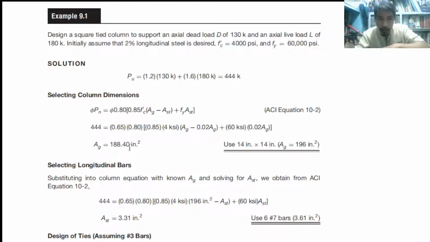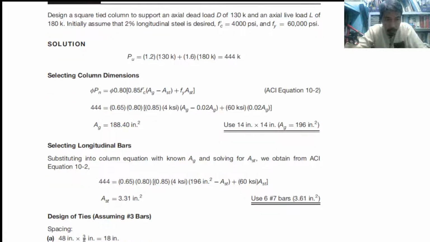Then actually you can take the square root of this. Okay? Take the square root of that, then that is the dimension of the column. The square root of 108. So you can use what? 14 by 14. That is a good number for the column dimension, which is greater than this one. Okay?